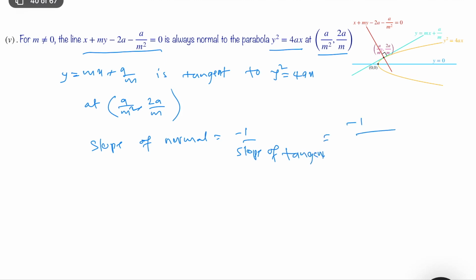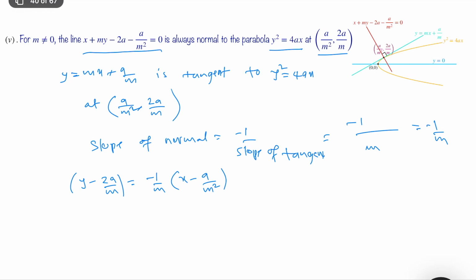What is the slope of the tangent? That is m. So the slope of the normal is minus 1 by m. Now let us write down the line equation which is passing through a by m square comma 2a by m and having the slope minus 1 by m. Which is going to be y minus 2a by m equals minus 1 by m times x minus a by m square.